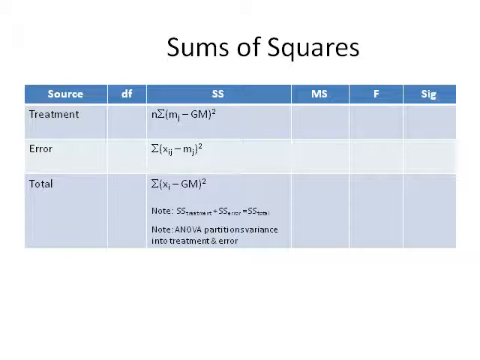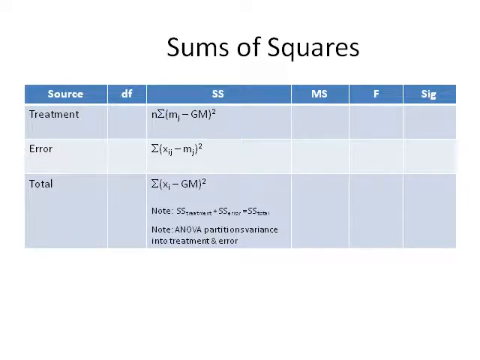Sums of squares error is the sum of the square of each individual Beck Depression Inventory score in the experimental group minus the mean of that group, 10, plus the sum of the square of each individual score in the standard treatment group minus the mean of that group, or 14, plus the sum of the square of each individual score in the no treatment group minus the mean of that group, or 21.